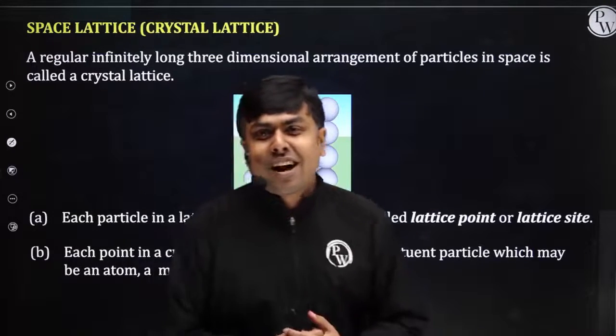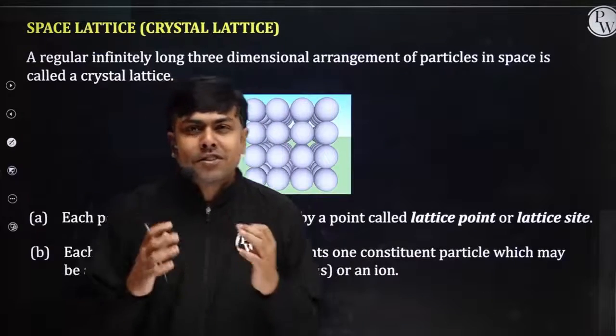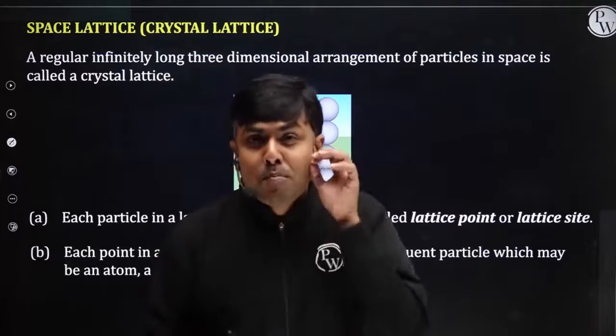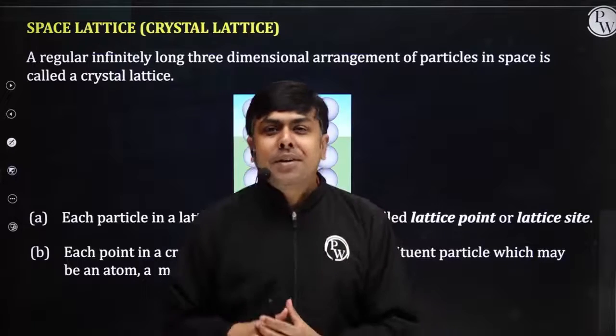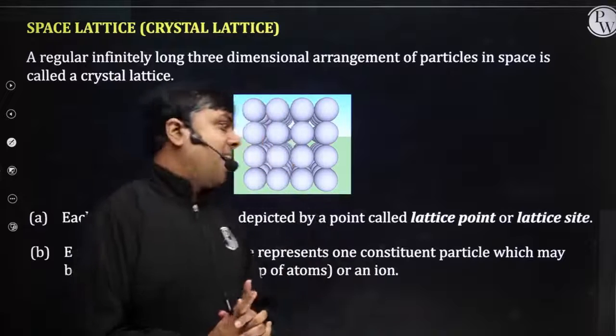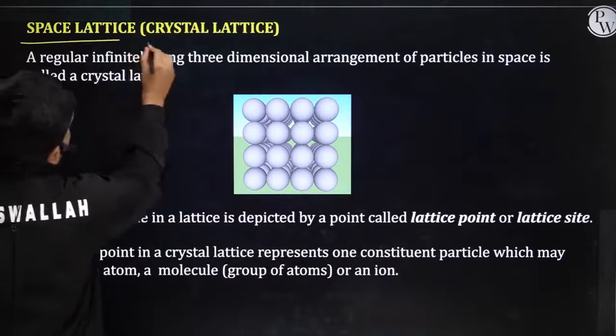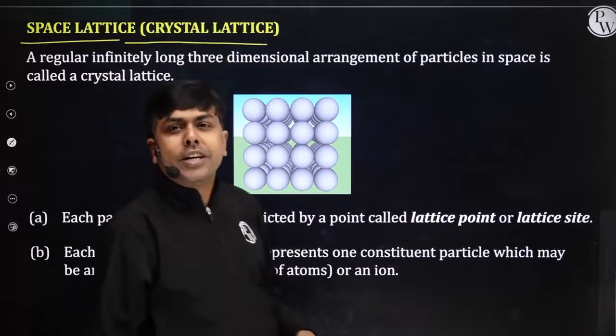Students, now let's start our discussion on crystalline solids. And here, first of all, let's define some important terms and parameters which are required to study about these crystalline solids. And these important terms are, first one, space lattice or crystal lattice. How do we define it?